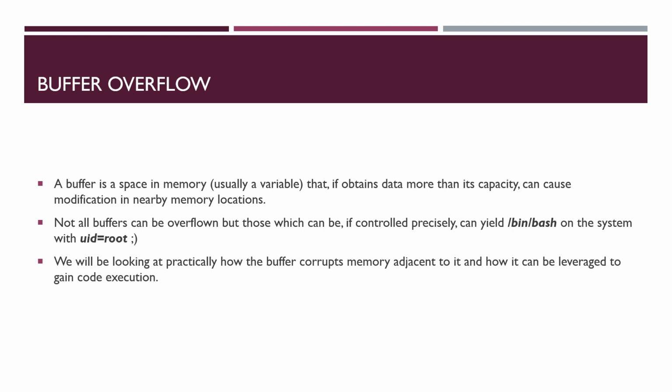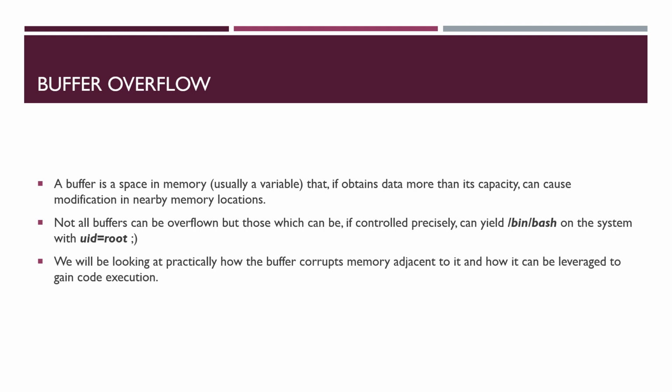Now, before actually looking at that practically, it works like this: you have an input function, gets. Gets will start taking the input into the buffer, but since it does not know how many bytes it needs to copy before it stops taking input, it will copy all the bytes from the input unless it encounters a newline character.